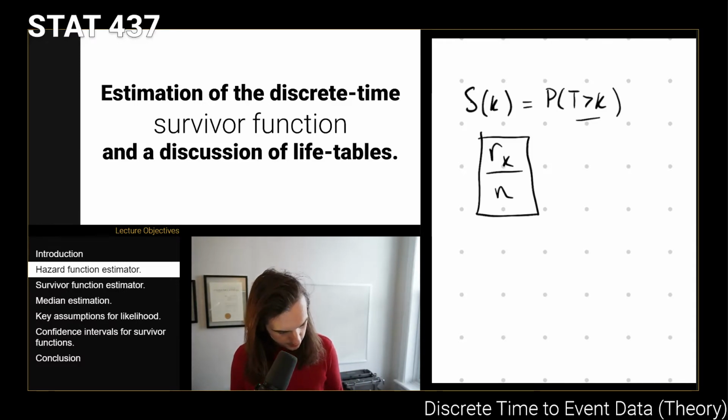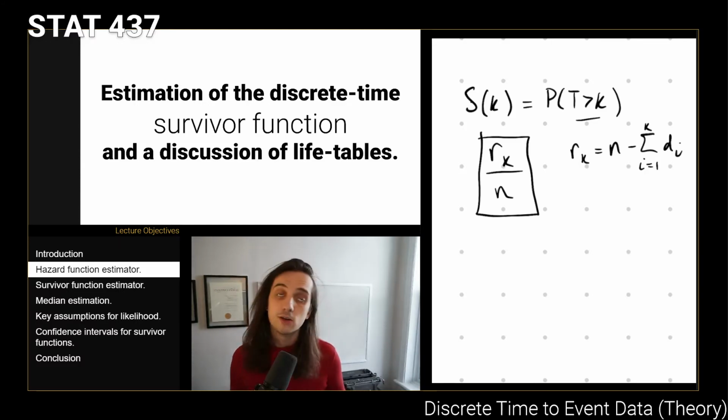So we can think about r_k as being the number of people total, and then we could subtract off all of the people, say i equals 1 up to k, d_i, who had their events, right? So that's one reason that we have r_k less than n.